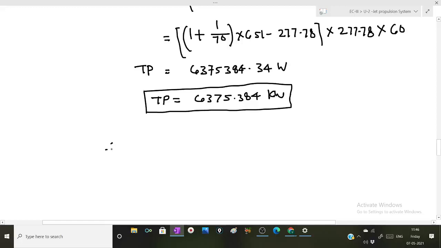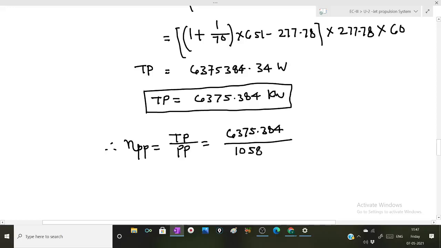Now after calculating thrust power, I can calculate propulsive efficiency, ratio of thrust power to the propulsive power: 6375.384, and propulsive power is, just now I have calculated, 10580.81, into 100.